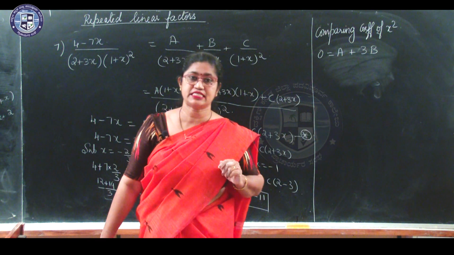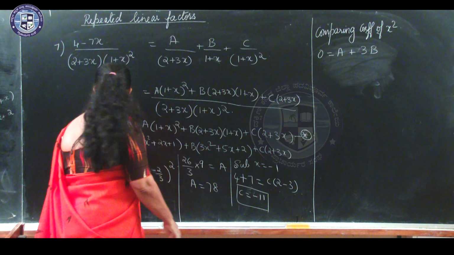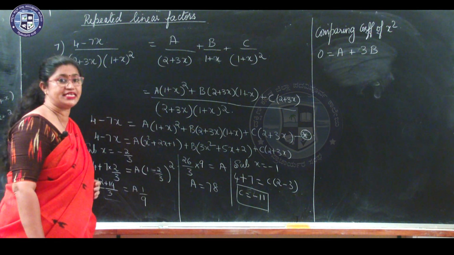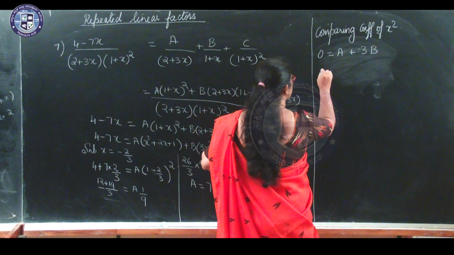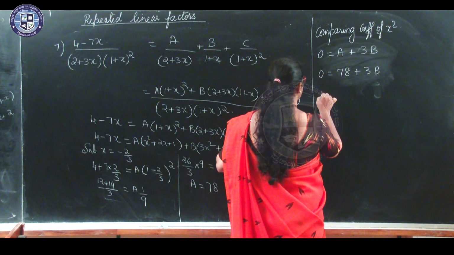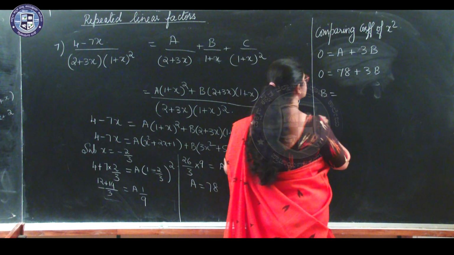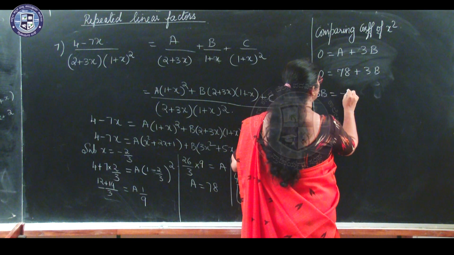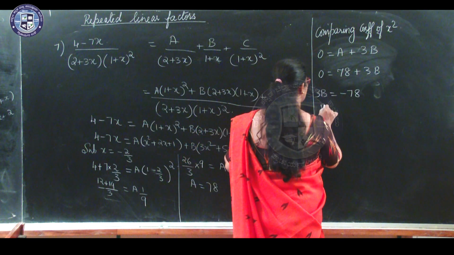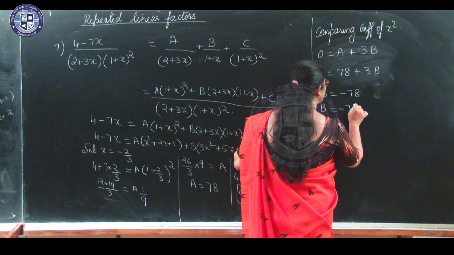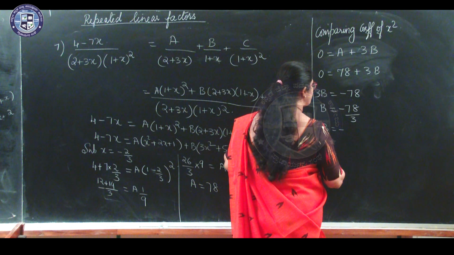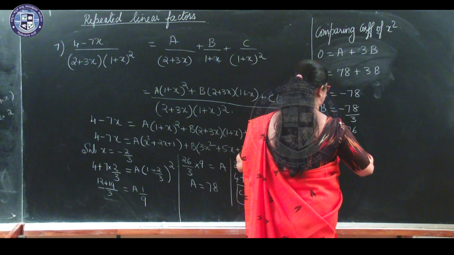I already know the value of A is 78, so substitute: 0 is equal to 78 plus 3B, or 3B is equal to minus 78, or B is equal to minus 78 by 3, and B is equal to minus 26.